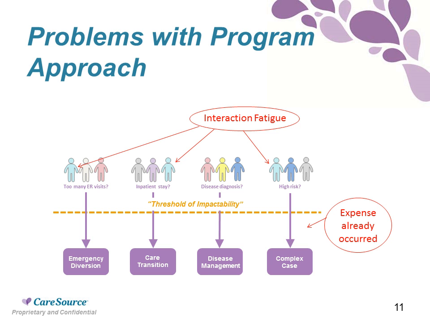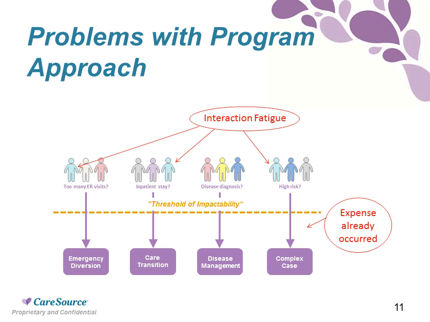Again, if we think about this at a high level, we started looking at the problems with the old approach, and we were looking at the interaction fatigue that's created by those siloed programs. We have inpatient stays that we're trying to connect with members about, disease diagnosis patients, high-risk patients, and ER programs.